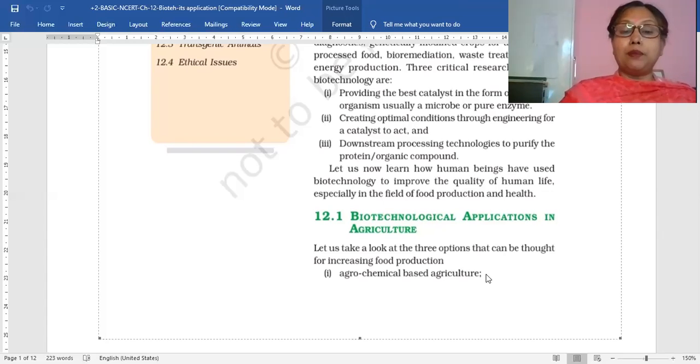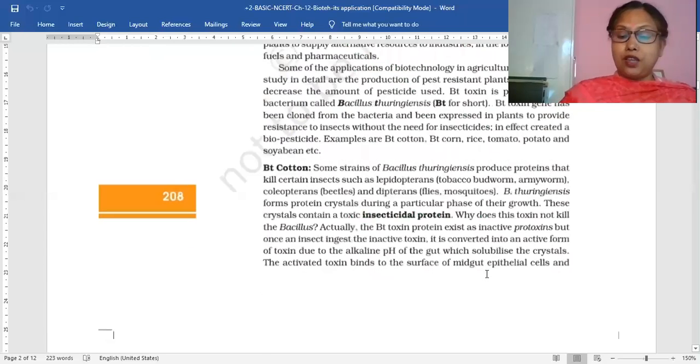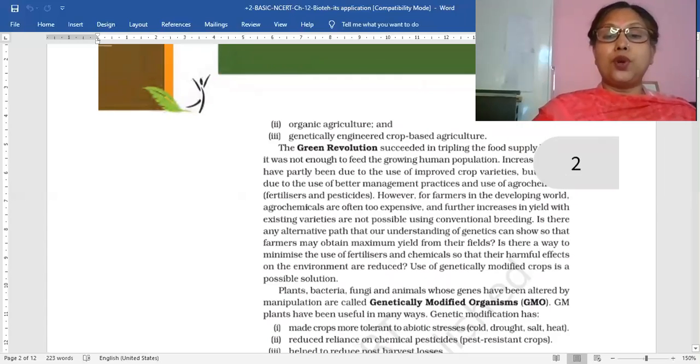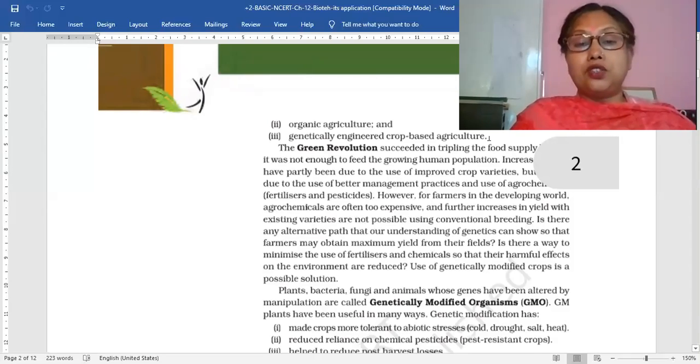First, agrochemical based agriculture. Then, organic green agricultural practices. Another one is genetically engineered crop based agriculture. This is the new expectation in agriculture these days, children.